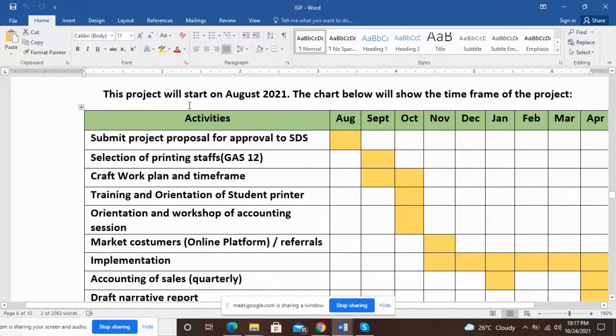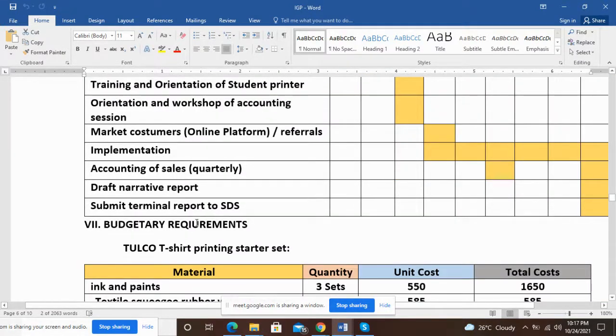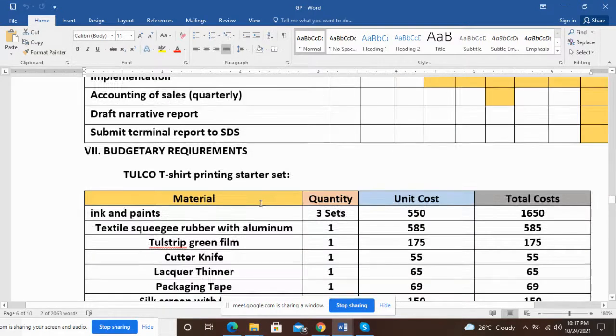We have submit, selection, crafting, and those until the end, until submitting your terminal report to the SDS, together with your MOVs, your accomplishment report, and your statement of account, or accounting of sales and money, so that you're going to submit and present the result to the division office.